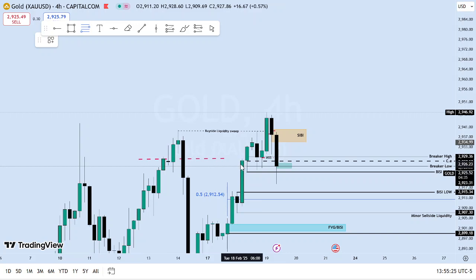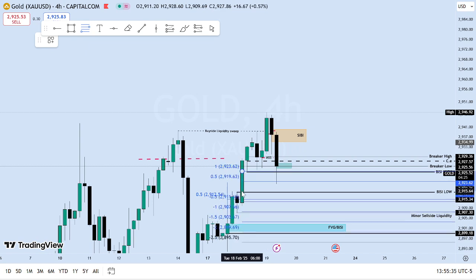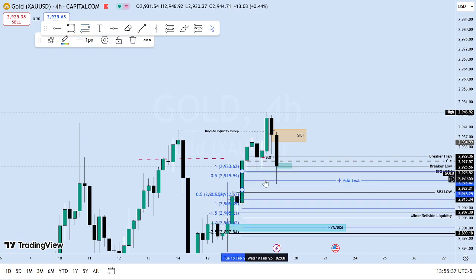After this candle went up, this is the candle that created a fair value gap. So you are measuring from the low of that candle, which is here, to this high. That's the 50% line there. You place it exactly at the same line.